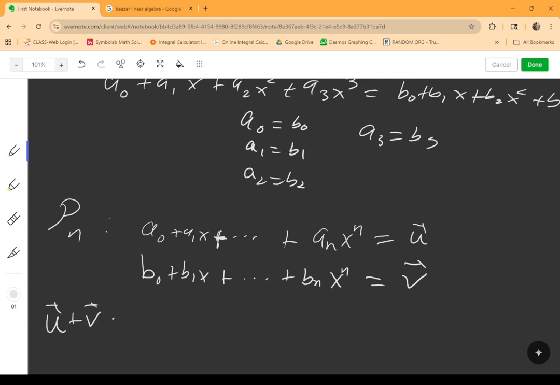What is the algebraic operation that we're used to having here? That idea of combining like terms.